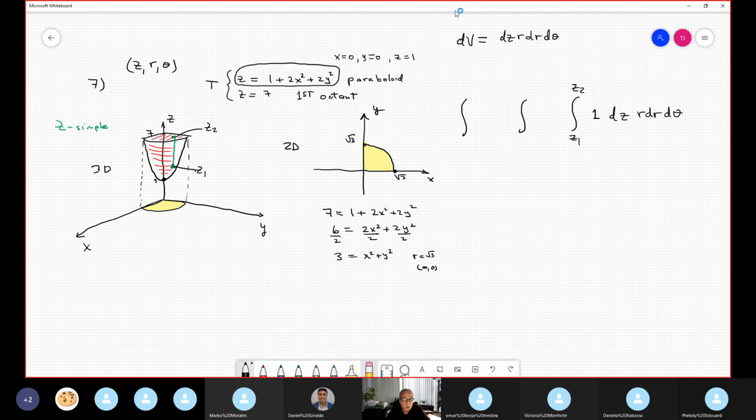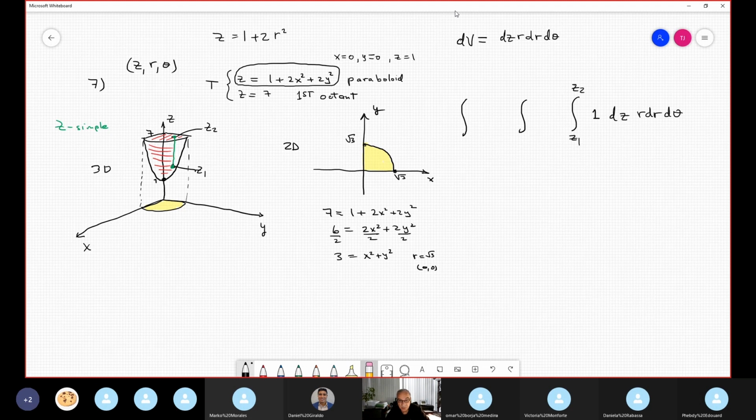Entonces, pero I know que okay, z is equal to 1 plus 2 times, you factor out 2 here, x squared plus y squared, que es r squared. Ooh, I like that. Okay, entonces z1, que es the paraboloid, in terms of r squared.